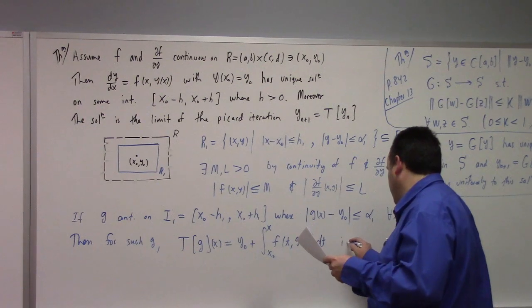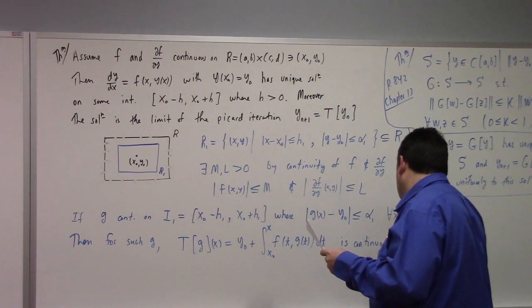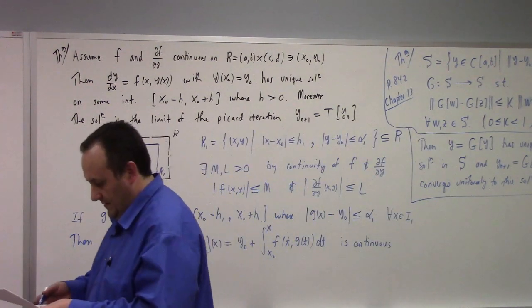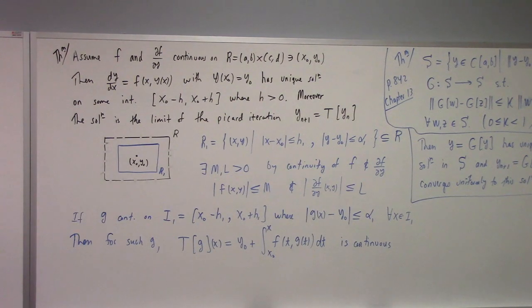Is continuous, okay? So that's one of the things he's saying: if you take a continuous function and you do this to it, it's still continuous. Now there's some theory being used there that I don't think I've quite developed in this course, but composition of continuous functions with continuous functions is continuous, and if you integrate a continuous function like this with a variable bound, you get a continuous function.